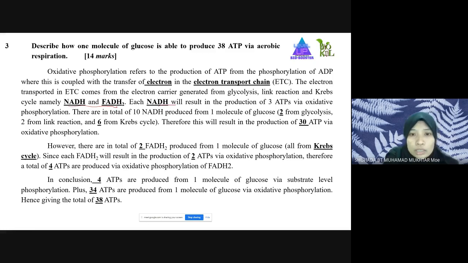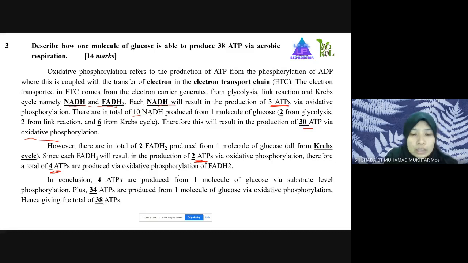NADH dapat 10, and then NADH akan produce 3 ATP, so production of 30 ATP via oxidative phosphorylation from NADH. And then FADH2 pula, 1 molecule of glucose, awak akan dapat 2 ATP. Therefore because you got 2 FADH2, so you got 4 ATP.